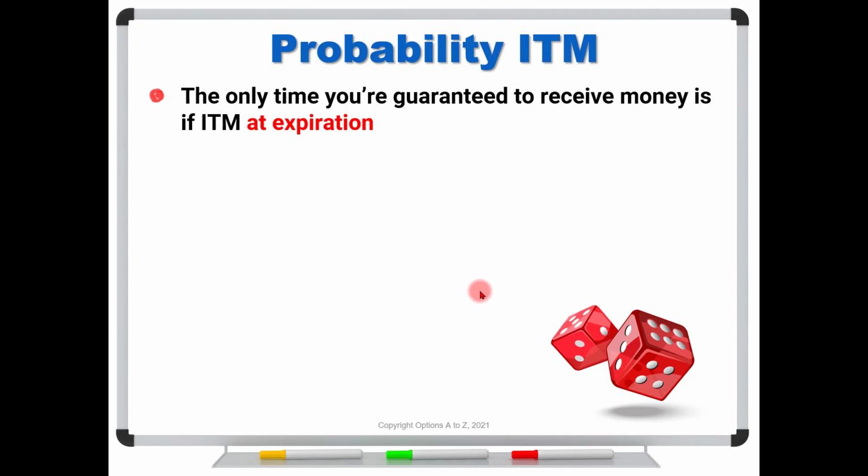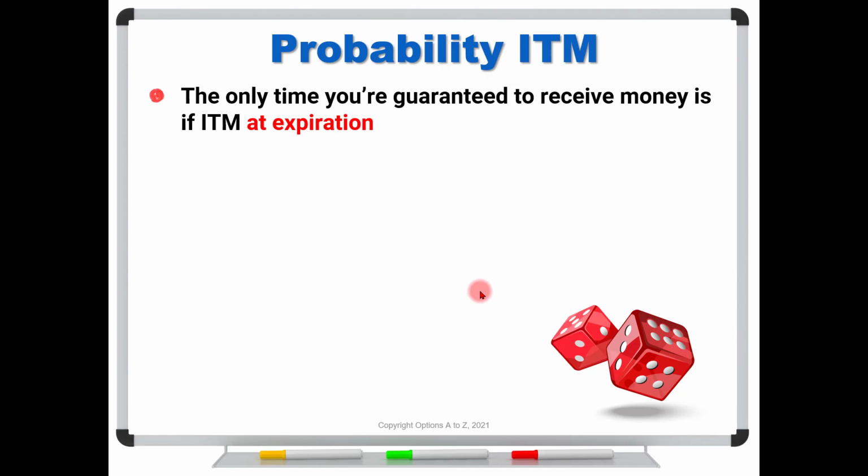It has to be in the money, and second, we have to be at expiration. Once again, just because it's in the money right now doesn't mean it's guaranteed to be there. So it doesn't matter if that option's trading for 5 or 10 or 20, it's not guaranteed to be that value at expiration. So this is what the traders are all trying to figure out, or at least part of the problem: how likely is this option to finish in the money?